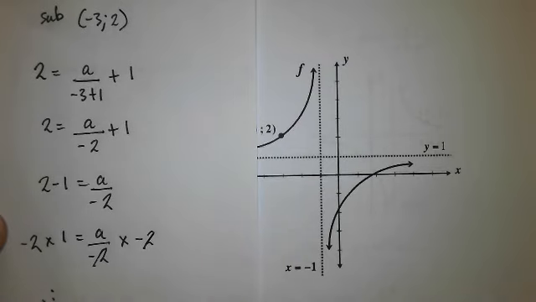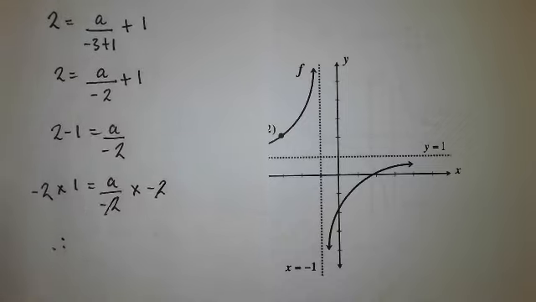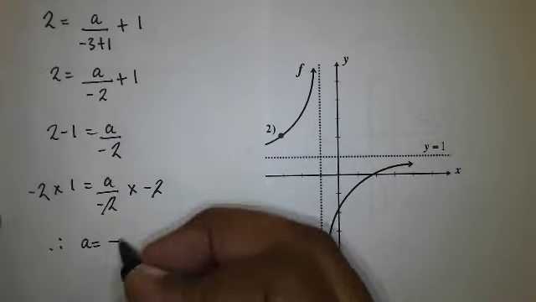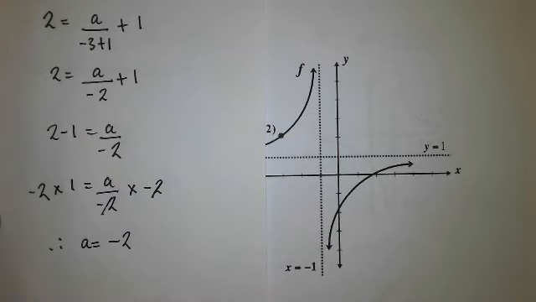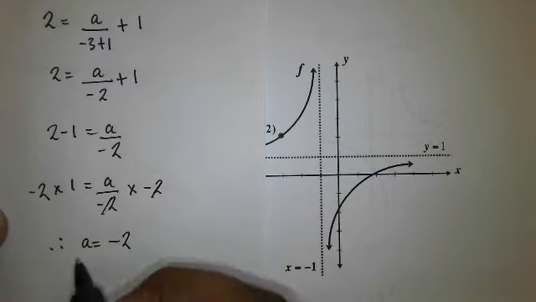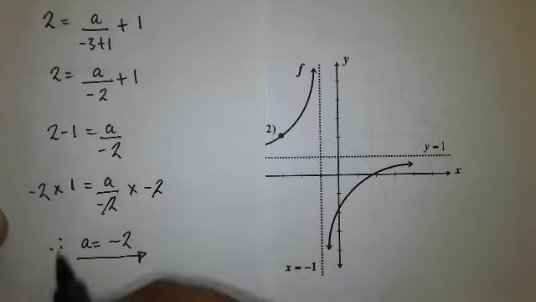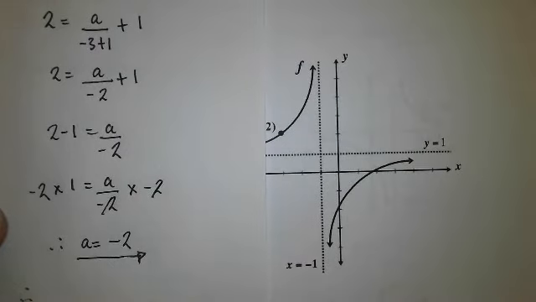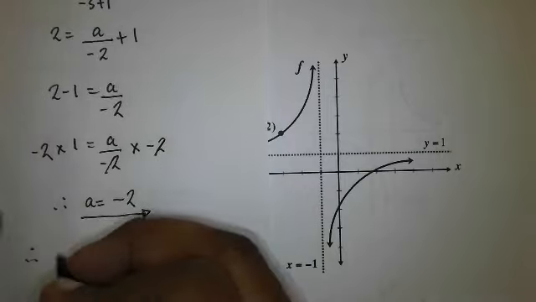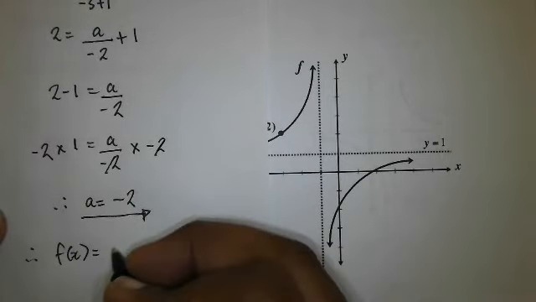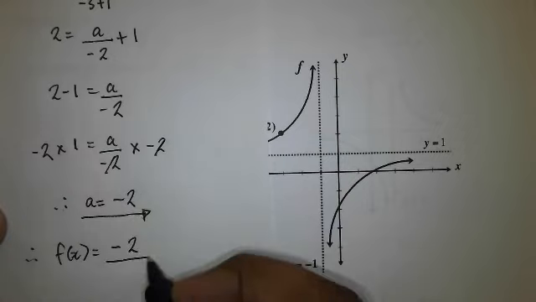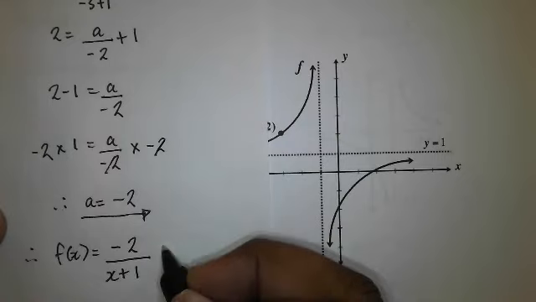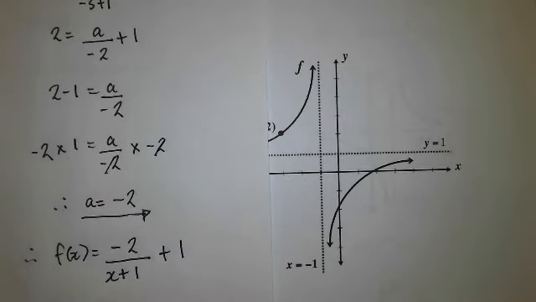So what that means is that a becomes equal to -2. Obviously, I need to plug this back into the equation. So f of x becomes equal to, now we know that a is -2, over x plus 1, and then plus 1. So that's the equation of this hyperbola.